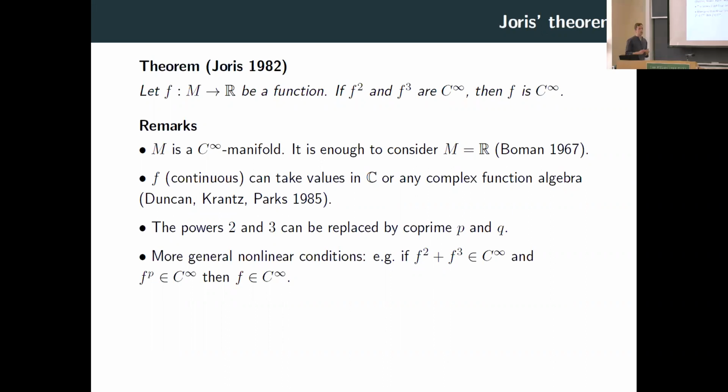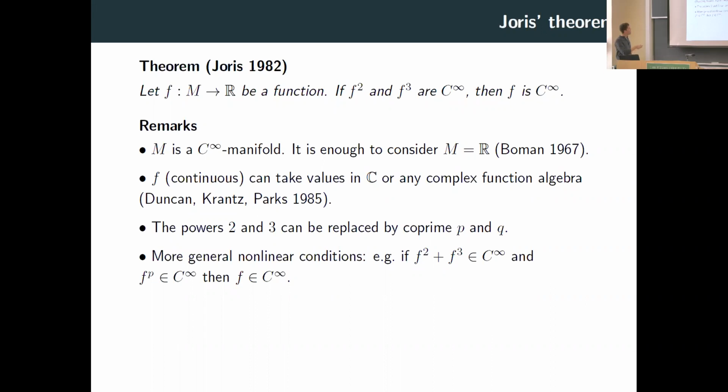The map t goes to t cubed is a homeomorphism from the real line to the real line. So if you know that F cubed is C infinity, you already know that F is continuous. But there are some easy examples which show that without continuity, general statements of this kind are not true. Maybe I will come back to that.